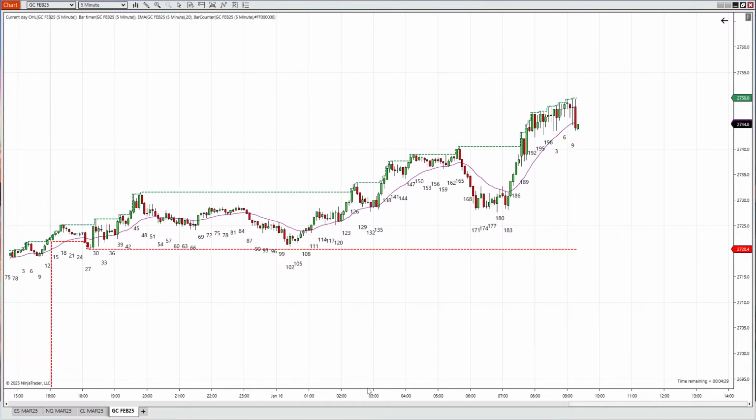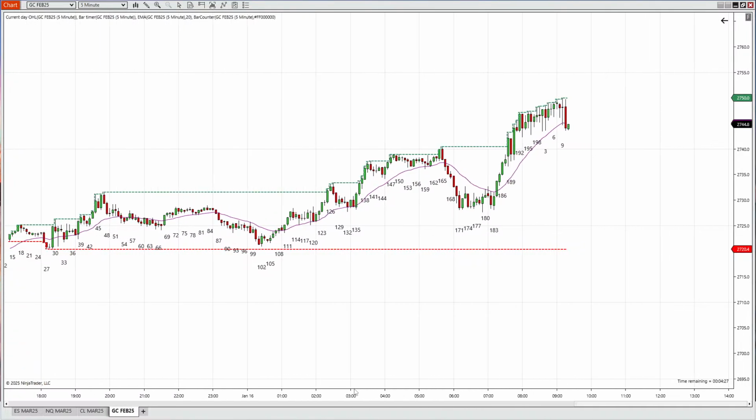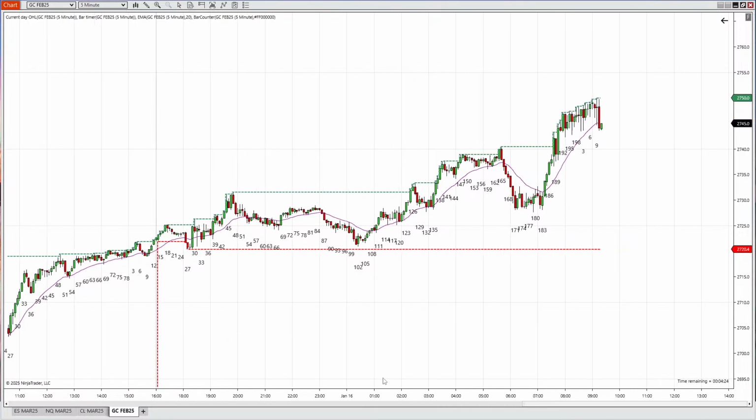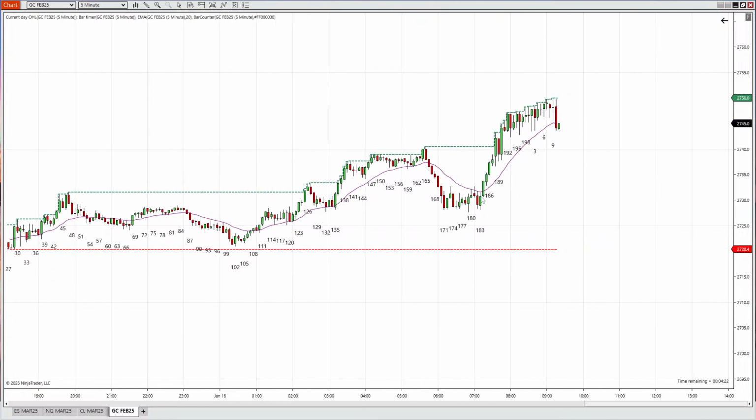On gold here, look at it real quick. We have this nice little trend going, and we reached a lot of chop here. We got into some barbed wire. Now a lot of times when you have barbed wire, the first initial breakout will fail. And it's difficult to tell, but this right here looks like it might be the first initial breakout.